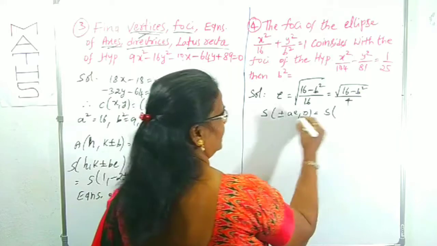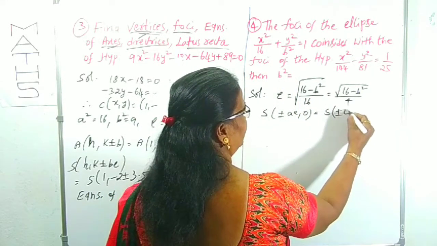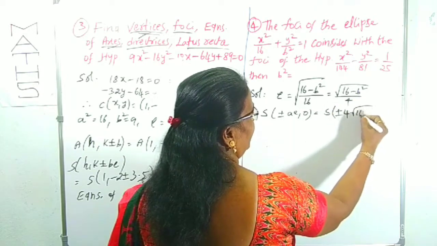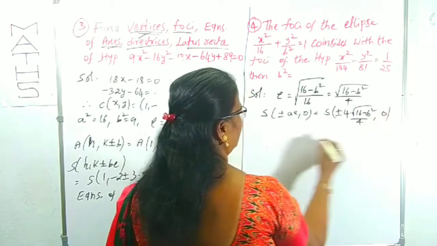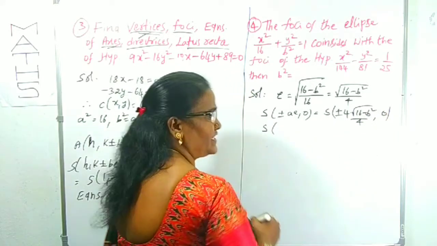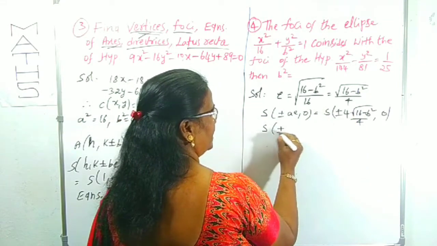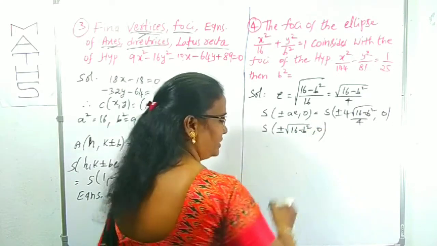Foci means plural, that is ±ae. ae is 4 times root of (16 - b squared) by 4, so the 4s get cancelled. The foci of the ellipse are (±root of (16 - b squared), 0).